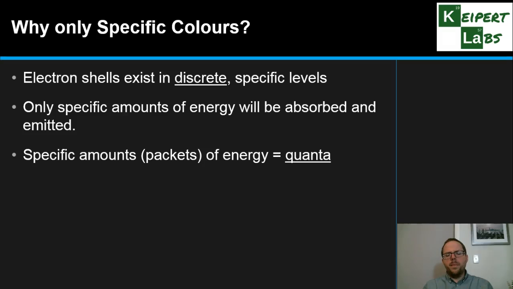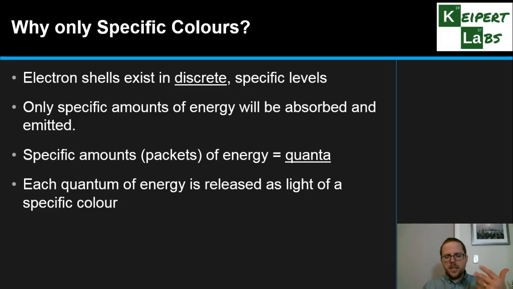So therefore, the specific amount of energy that's absorbed, we give it a name. We talk about it as quanta of energy, or a packet of energy, which is the plural of the word quantum. So each quantum of energy, each packet of energy that's absorbed and then released, is released as light of a specific color. So we've got specific energy levels, specific amounts of energy absorbed and then emitted, which corresponds to specific colors.